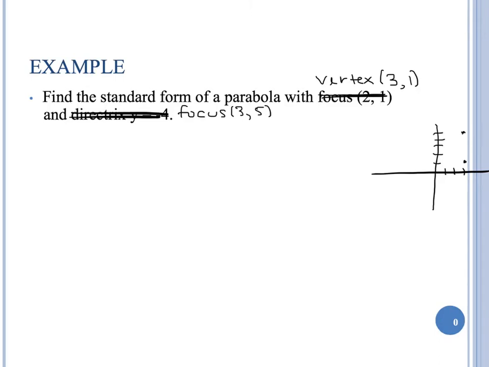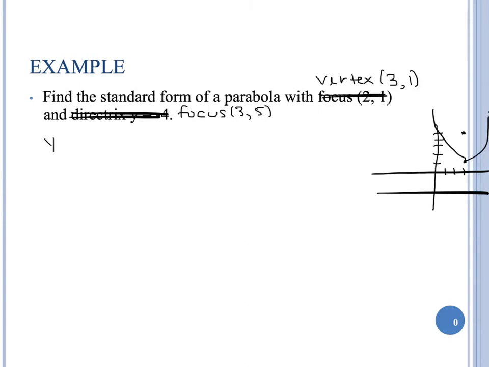There's my focus. So it looks to me like my graph is opening up like this, because my focus is going to be inside my parabola, and I will have a directrix somewhere down here. So this has got to be a y equals x squared.